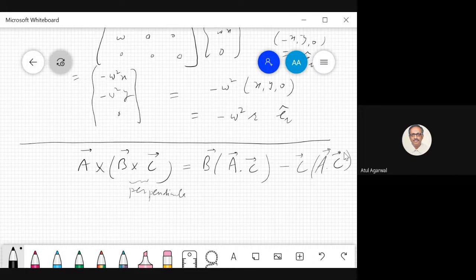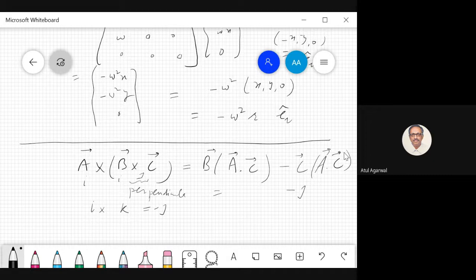You can just verify whether this is all right. What you do, i and j. So what is i cross j? It is k. i cross k is equal to minus j. You have to just check it out. A dot C, i dot j is 0. And here you get minus C, j.